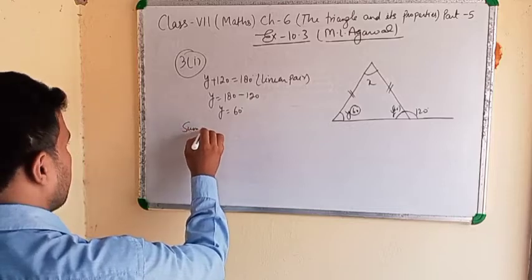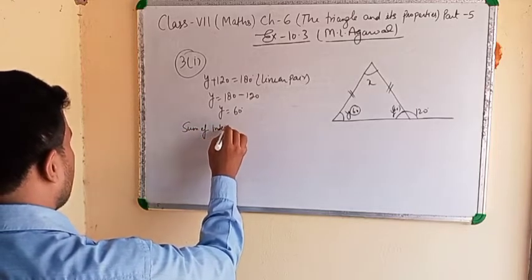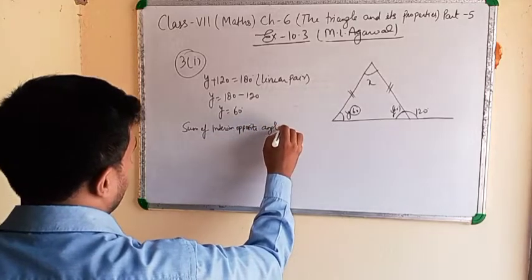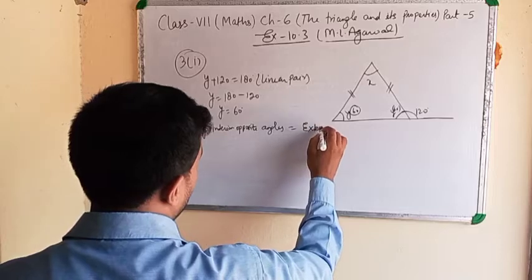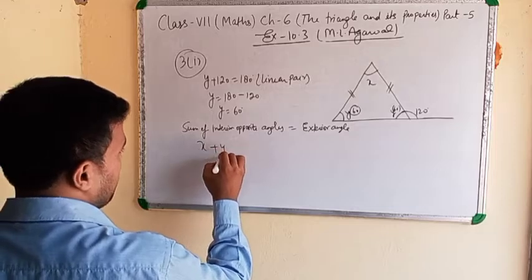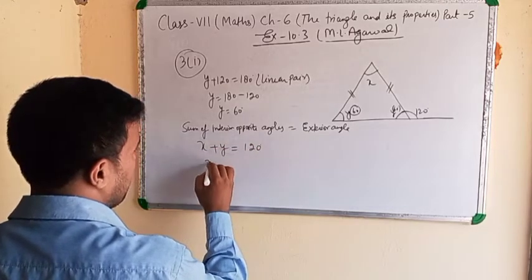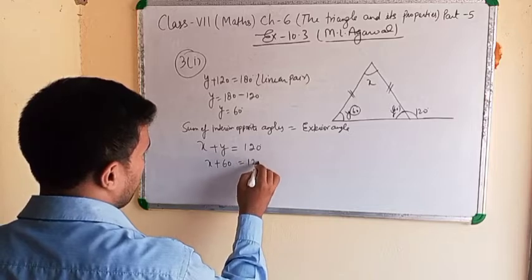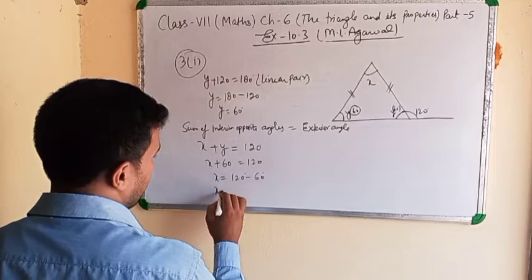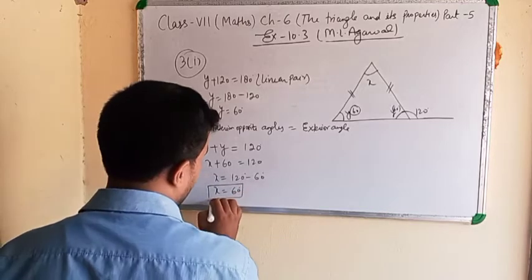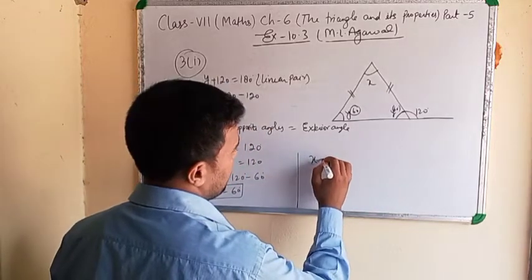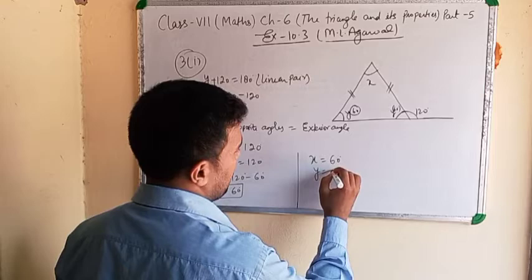The sum of interior opposite angles equals the exterior angle, so x plus y equals 120, x plus 60 equals 120, x equals 120 minus 60, x equals 60 degrees. So x equals 60, y equals 60.